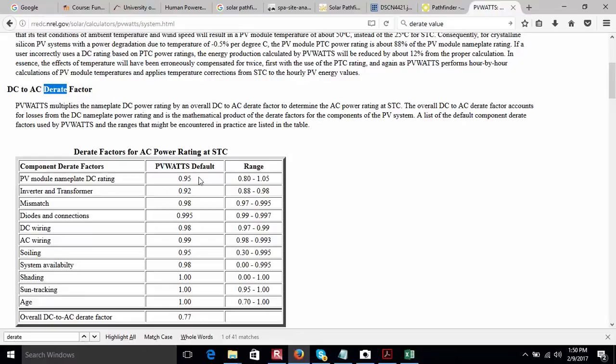So 0.95 times 0.92 times 0.898 for connections. Each one of these gives you a little bit of loss. There's some soiling present, the system's off once in a while. So 0.77 is the so-called derating value, the overall derate value.